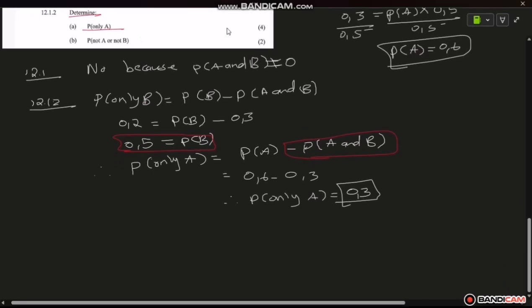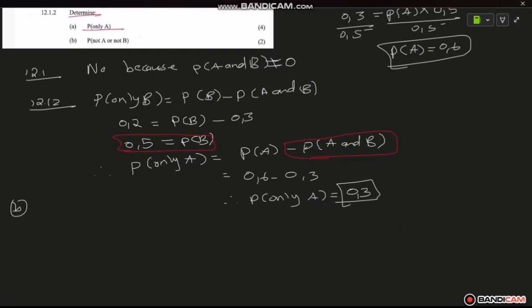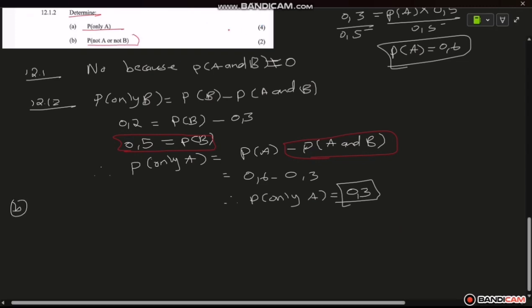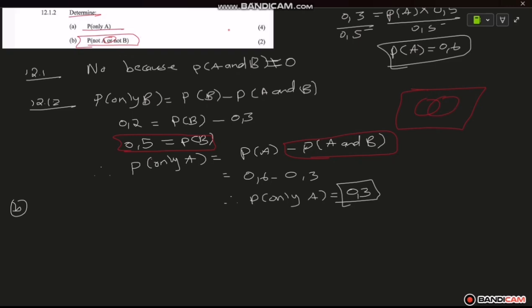The next question wanted to determine the probability of not A or not B. So this OR is very important. Suppose we have a Venn diagram like this. We're going to take these ticks and add them. Then that will be our answer.